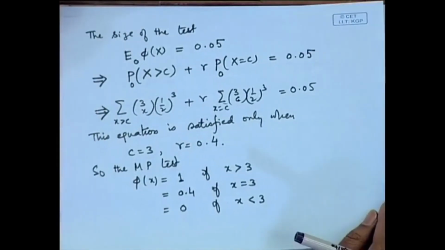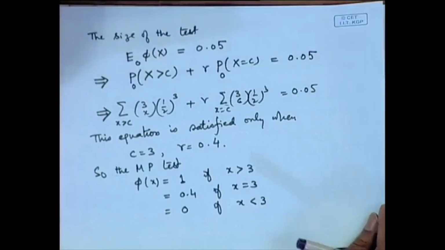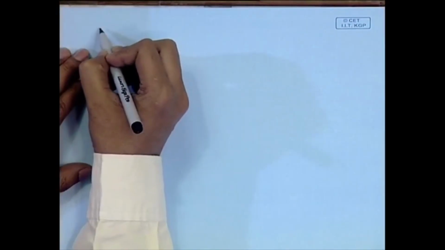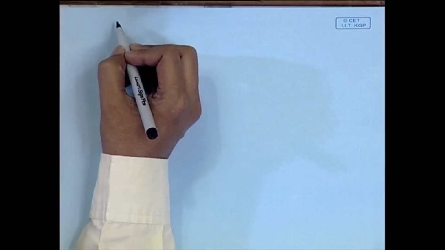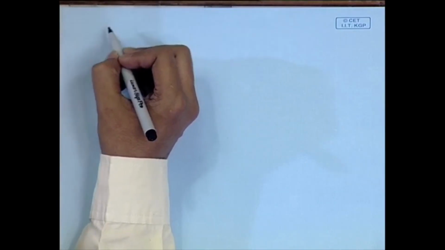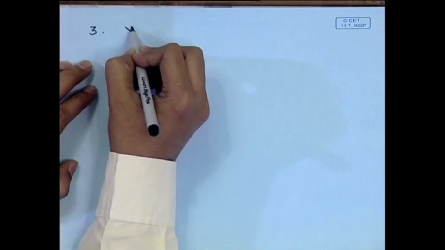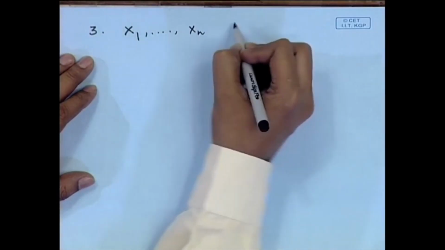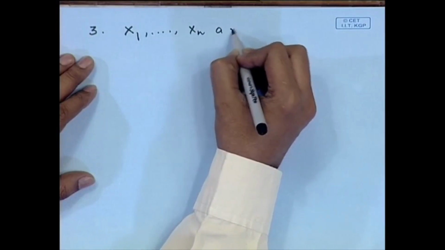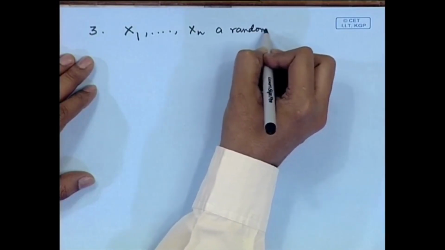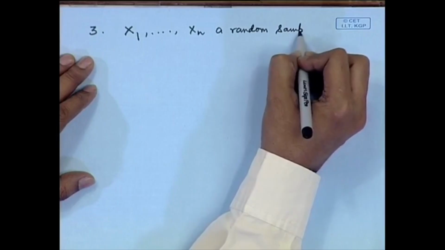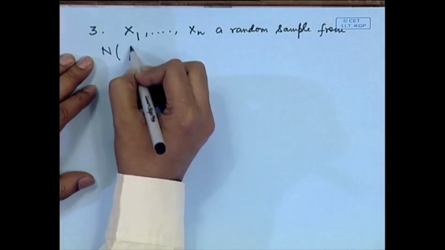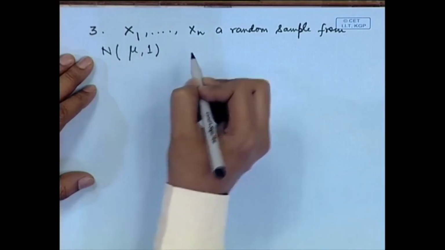Let us look at the applications to the normal distribution here. Consider, say, X1, X2, ..., Xn, a random sample from a normal distribution with mean μ and variance, say, unity.